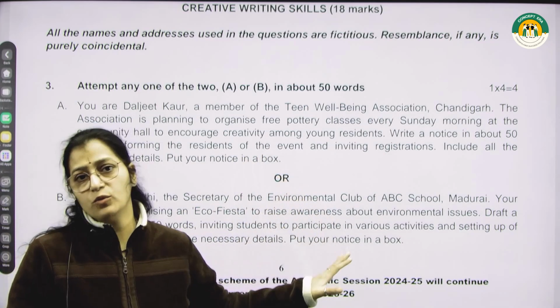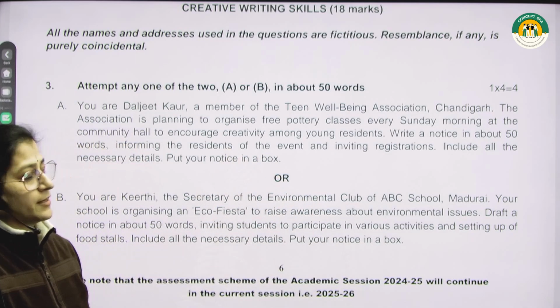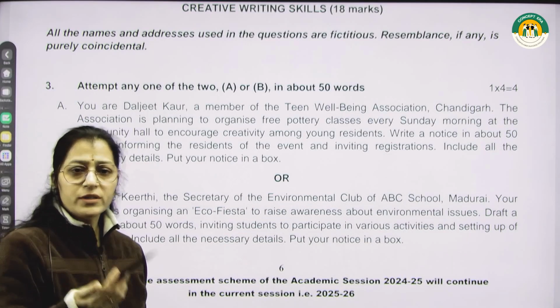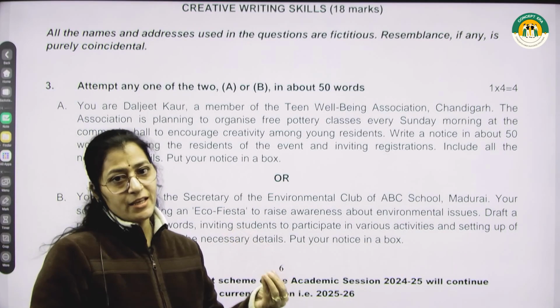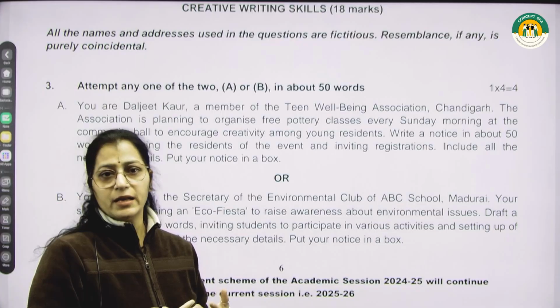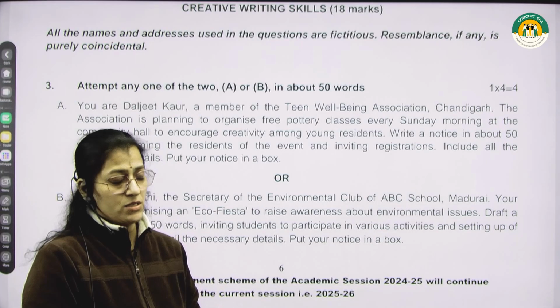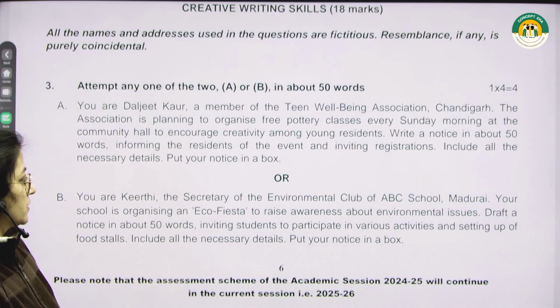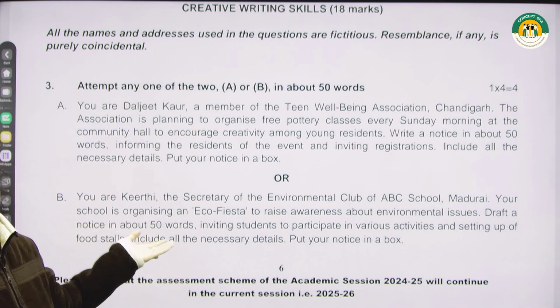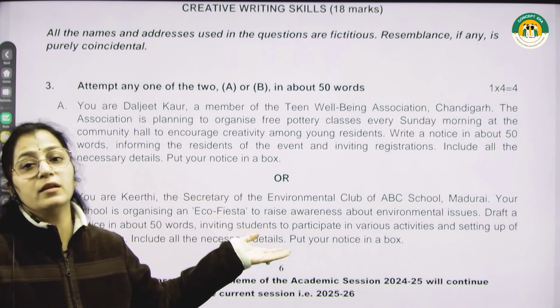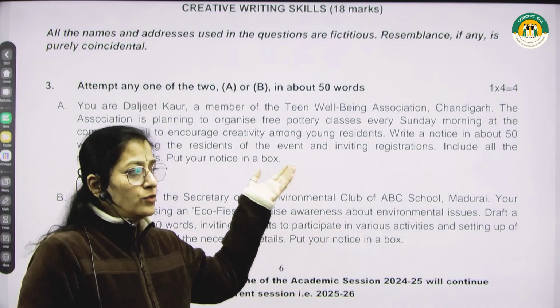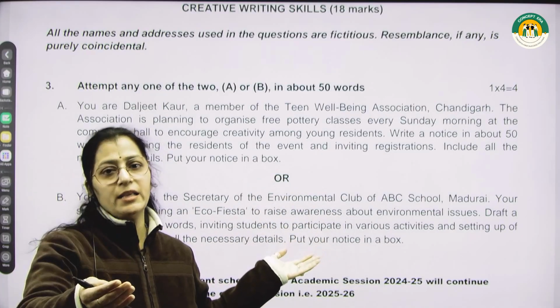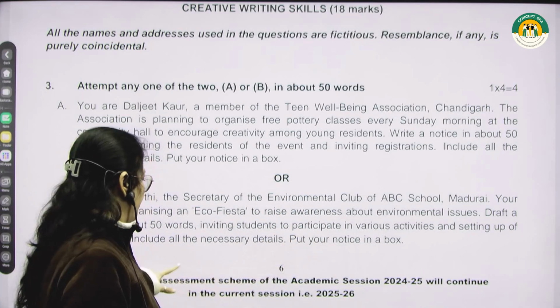Don't exceed your word limit. Notice writing is a very easy question which you can directly attempt in your answer sheet. As a choice, it is given: draft a notice again. So here 2 notices are given with an internal choice. Out of the 2, any one which you find easy, you can attempt.